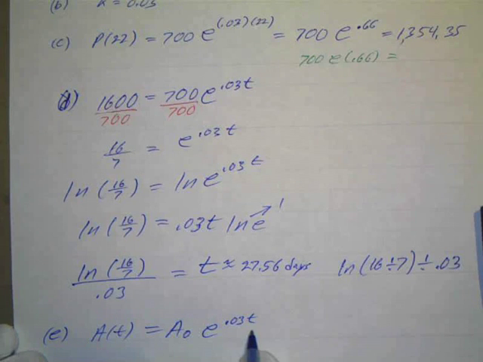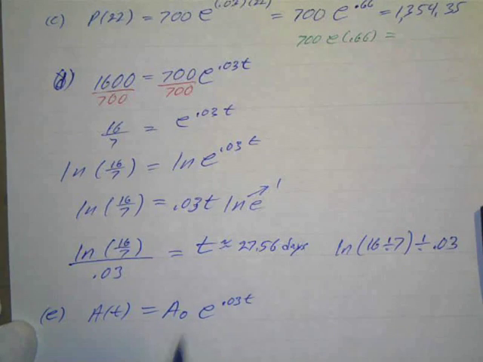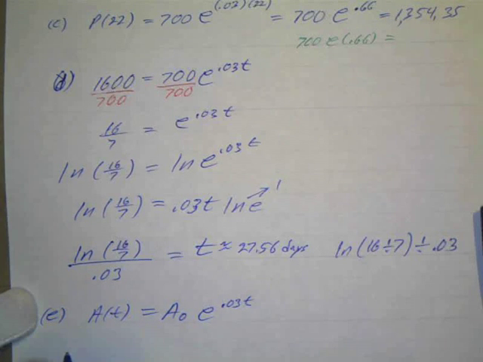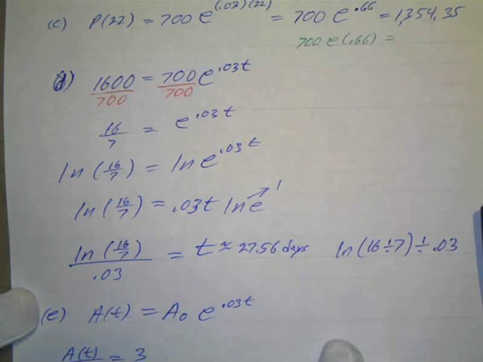So we want to know the t when the insect population triples. Well, that means that the amount I have compared to the amount I started with would be 3 times as much. If this was 100, this would be 300. So we know that A of t divided by A sub 0 will be 3.